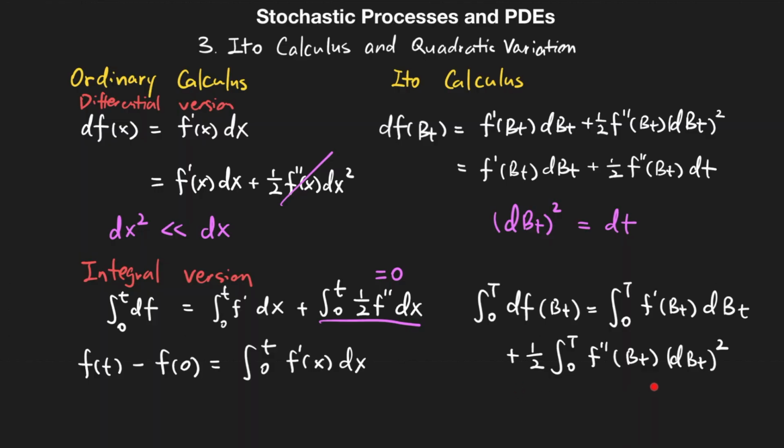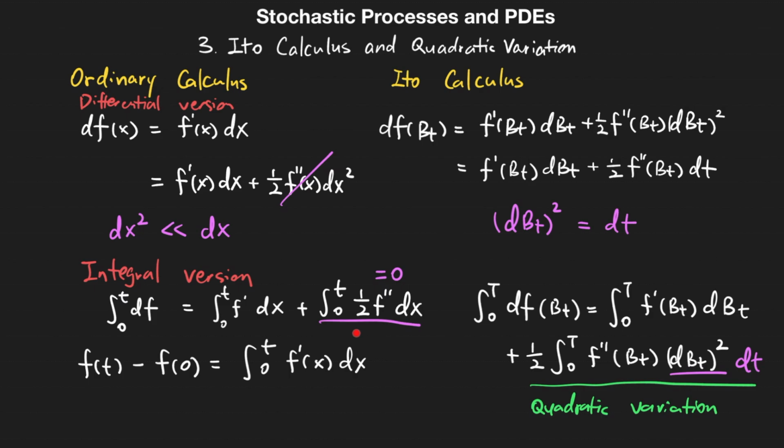The main difference here is that the second order term will accumulate, and this is known as the quadratic variation. And then we can swap out this square term with dt. This is a special property of the Brownian motion.